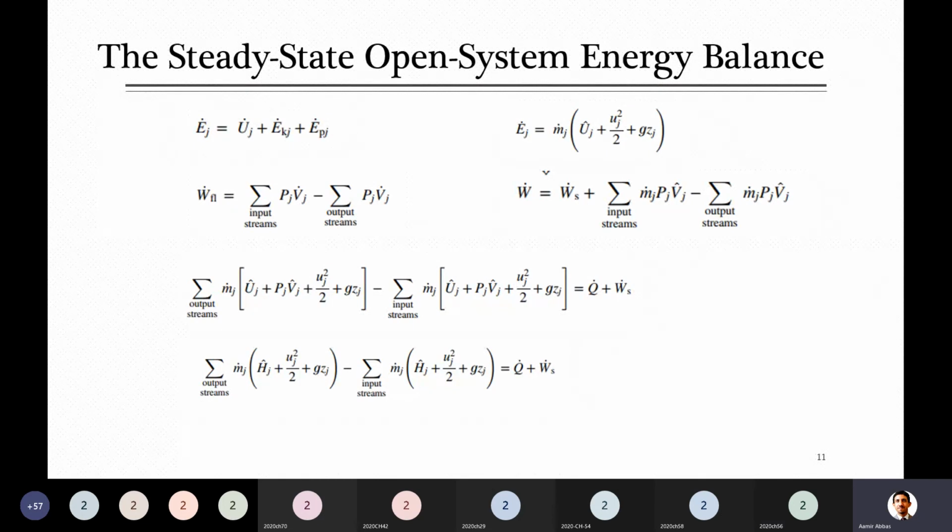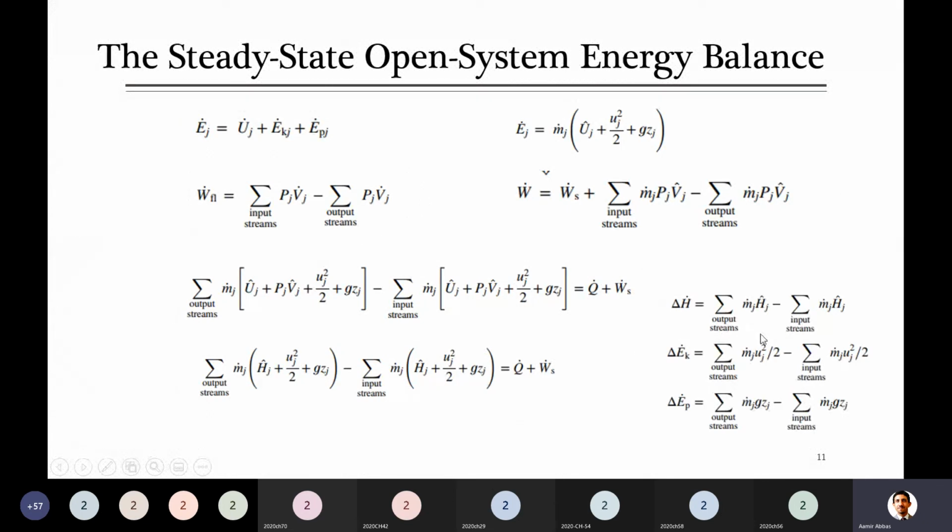So when you combine these, they will give you M H out minus M H in, which will be giving you delta H, meaning something out minus in. Similarly for kinetic energy, M V square over 2 out minus M V square over 2 in, so this is out minus in, and similarly for potential energy. So they can be replaced like this with delta H, delta K, and delta E potential.